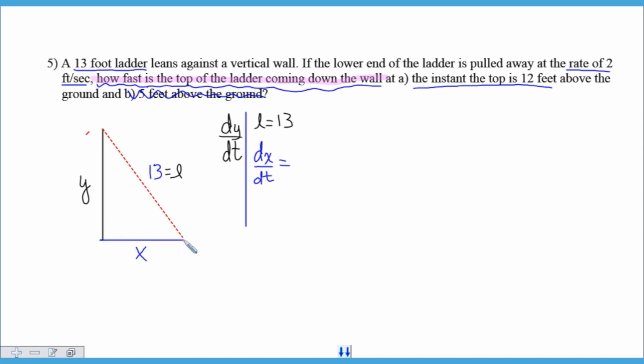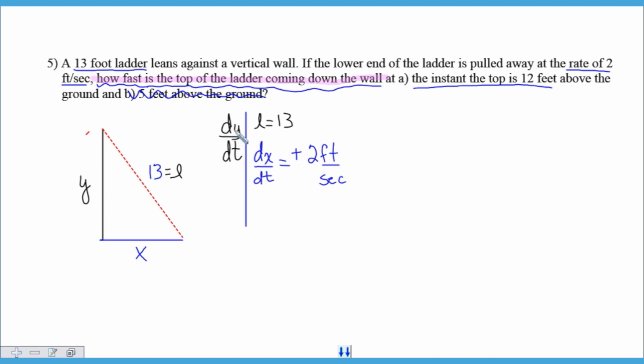And what do you notice about X when we pull the ladder away from the wall? It gets bigger. So it's positive, and I'm just doing this for emphasis, guys, 2 feet per second. Notice that the numerator is feet, and that's what X is measured in, and the denominator is seconds, and that's what my time is being measured in.